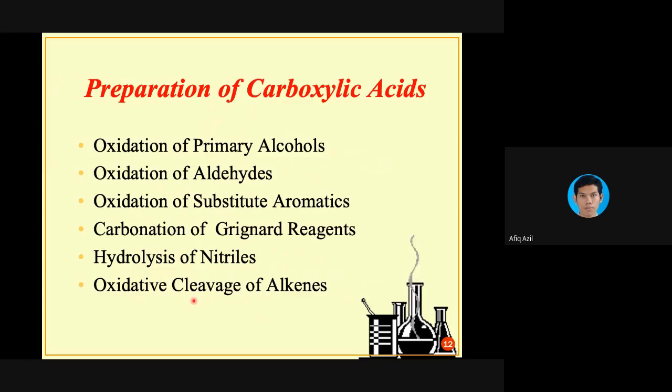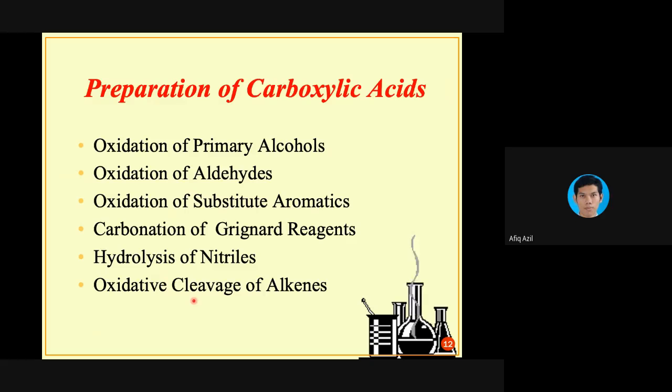And then we will go to the preparation of carboxylic acid. There are 6 methods in which you can obtain carboxylic acid. One way is through the oxidation of primary alcohol, and then you have oxidation of aldehyde, and then oxidation of substituted aromatic.